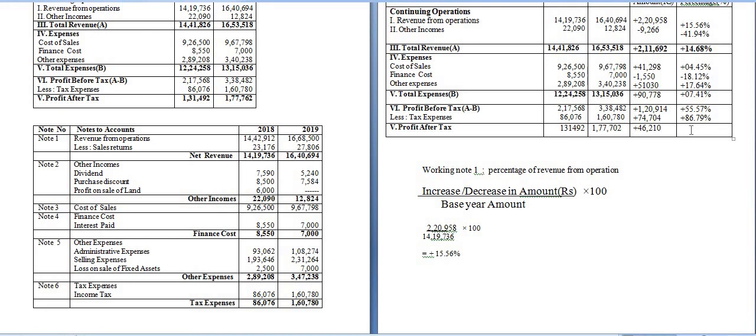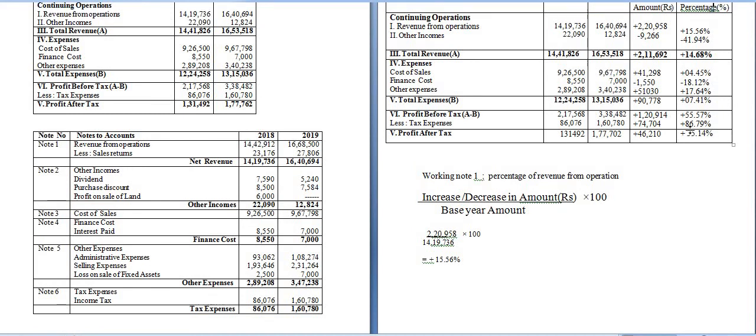Now find out the percentage. 46,210 divided by 1,31,492, which is equal to how much? 35.14%. Okay. So write here plus sign, 35.14 percentage. Okay. So this is all about our comparative income statement.